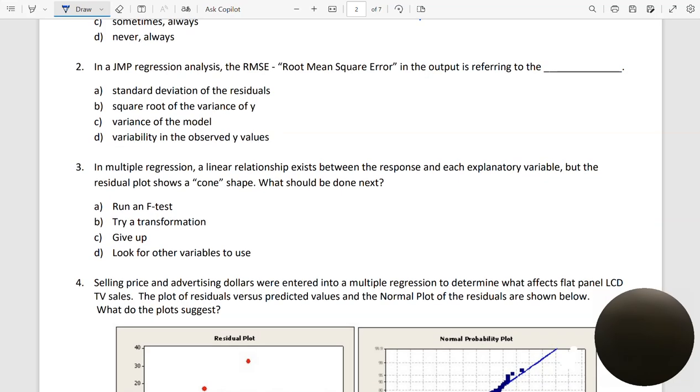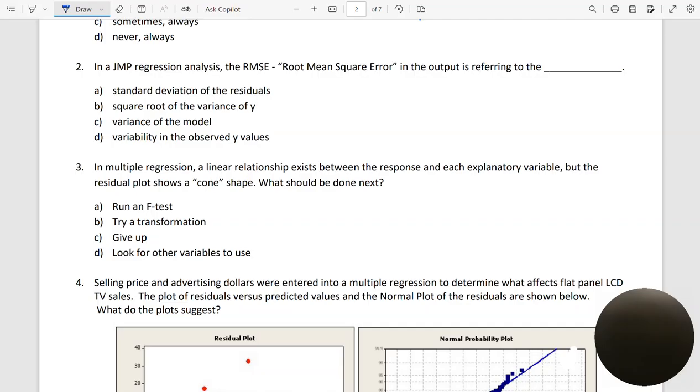All right, so then number 2. In the JMP regression analysis, the RMSE, which is the root mean square error in the output, is referring to the standard deviation of the residuals, square root of the variance of y, variance of the model, or variability in the observed y values.